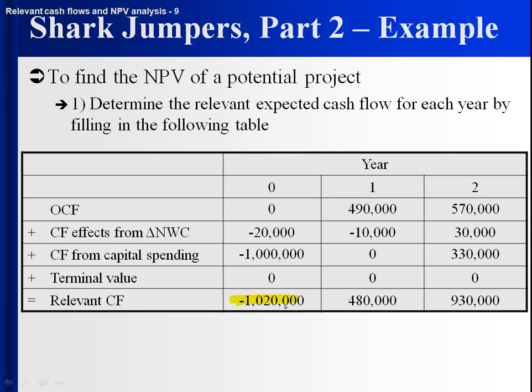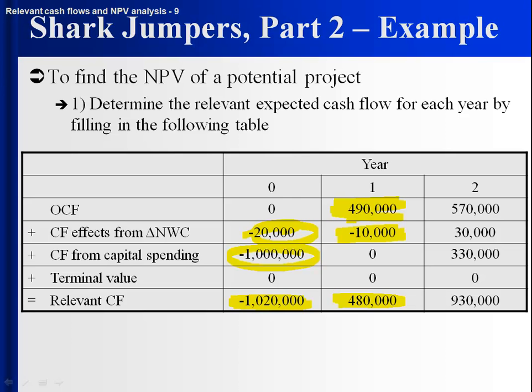Year 0, you're still paying $1,200,000, $1 million for the jet skis, $20,000 cash outflow associated with building up and increasing net working capital. Cash flow in year 1 is $480,000, $490,000, the new operating cash flow, but then there's a $10,000 negative effect from increasing your net working capital.